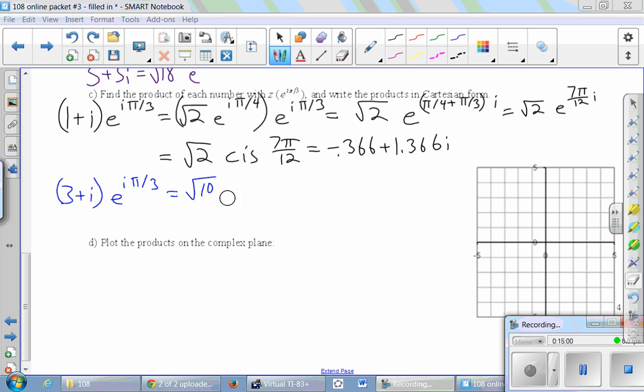Root 102 is me copying the wrong answer from the answer key. That should just be root 10. And then times e to the, and then we're adding together the two angles, 0.322 and pi over 3. Convert that to a cosine plus i sine. Use your calculator, and if I did it right, then we'll get 0.633 plus 3.098i.